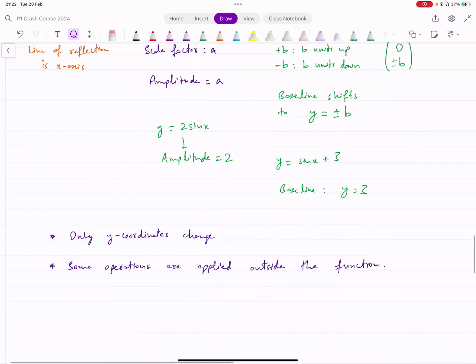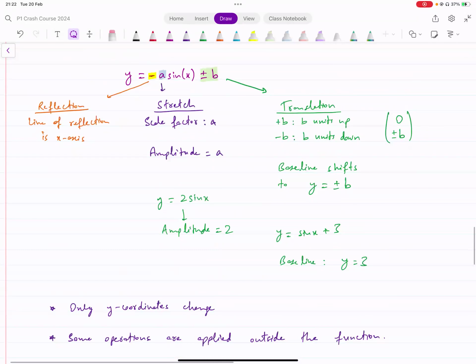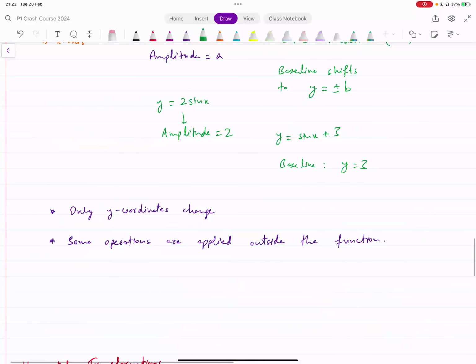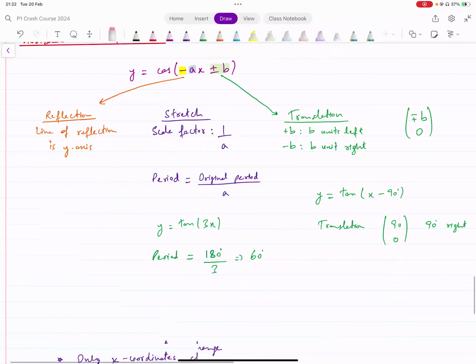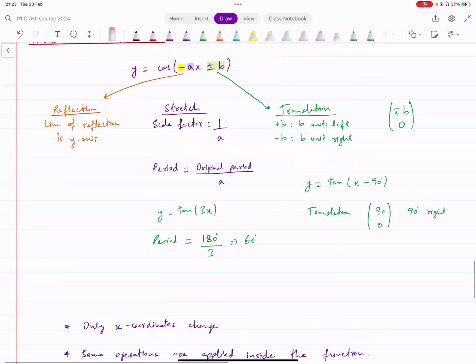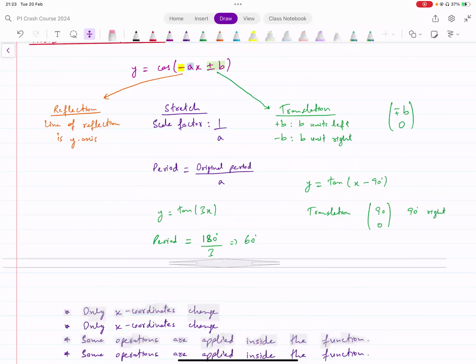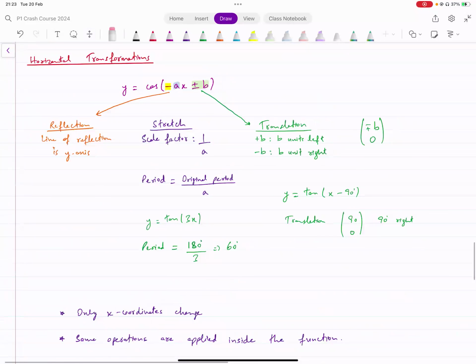Earlier in vertical transformations, something was happening outside this whole thing, outside sine of x. Operations were applying outside sine of x. Now they're applying inside the function. Instead of x, you have something else. Okay, so that's horizontal transformations.